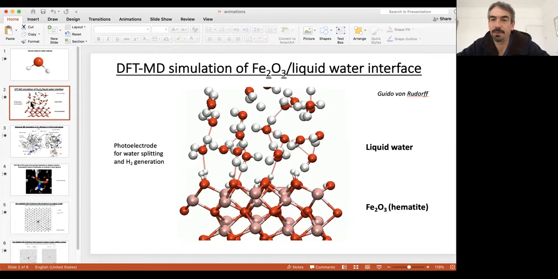And one promising way to do this is with transition metal oxides in contact with liquid water. One of these systems that many experimentalists look at is, for instance, cheap oxides like hematite, iron oxide, that you see here.